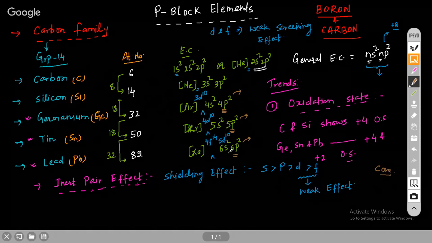These are noble gas. So valence electron is 6s2 6p2 and these are d and f orbitals fully filled. Okay.